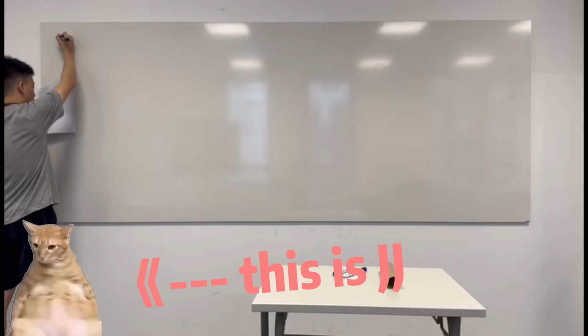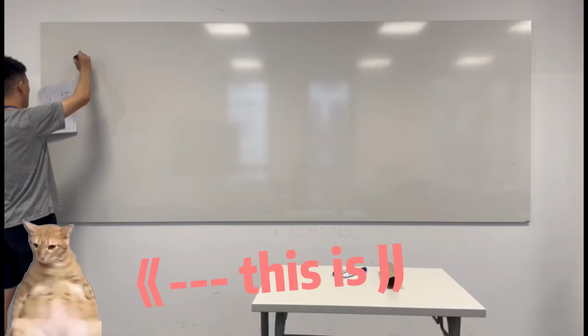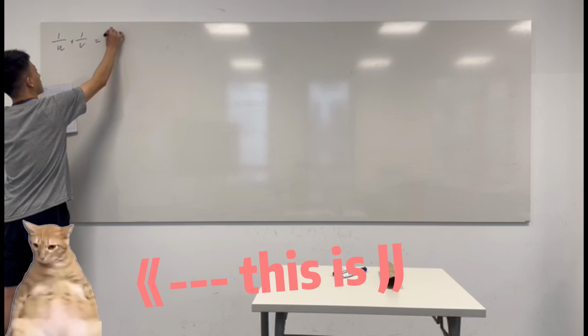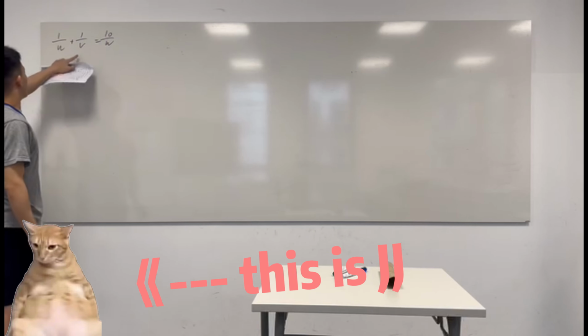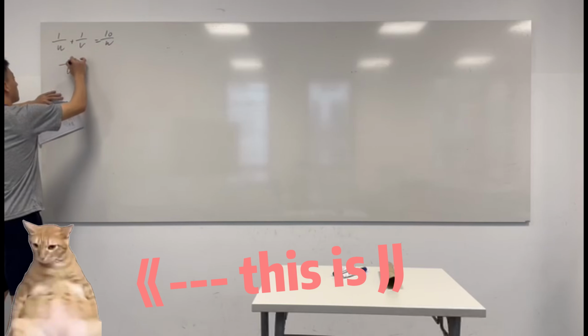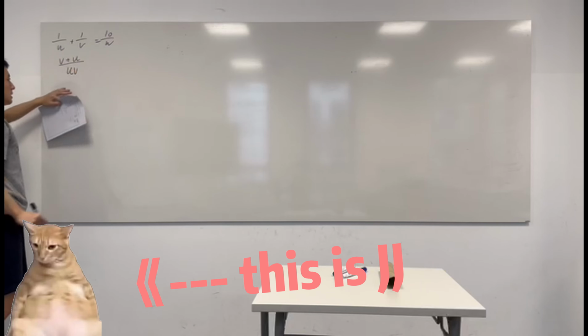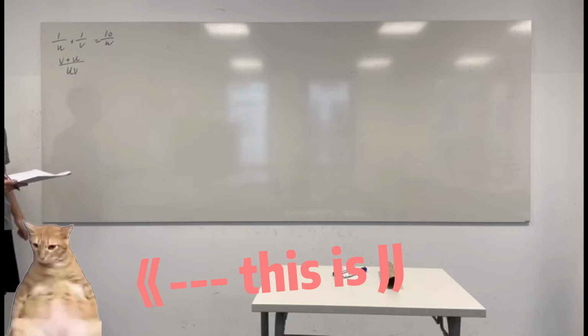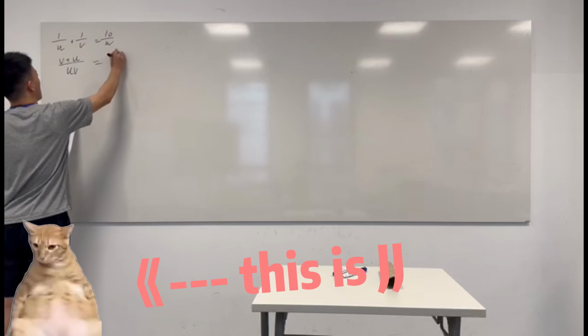So we try to express w in form of a plus bi. Let's start with this equation. Does that make sense? Try to find the smallest common denominator. Okay, let's keep it, is equal to 10 over w.